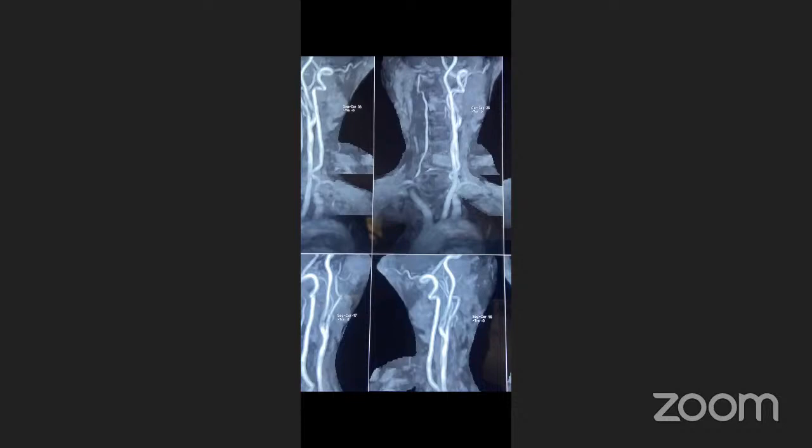So I prefer to do the subclavian first, which I did in this case, and immediately I did the left ICA using the same catheter, then using the filter, placing the stent, and doing the plasty. Unfortunately, I don't have all the pictures right now. I did it yesterday, and today the patient was discharged. But I have the MRI pictures, so I was sharing them. So the case is ready now.